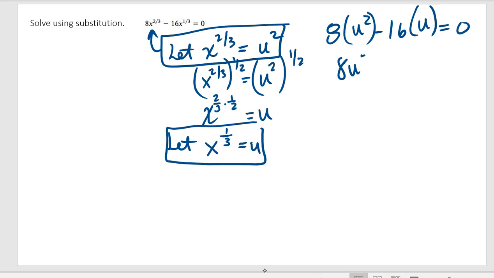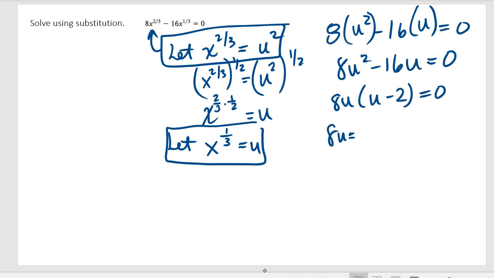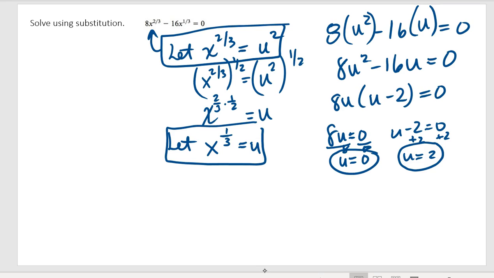So I have 8u squared minus 16u. I'm going to factor it and set each factor equal to 0. And I get that u is equal to 0 and u is equal to 2.